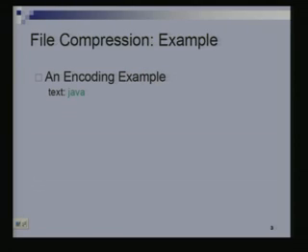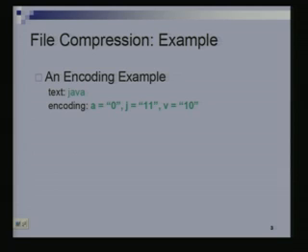Let us say my piece of text is just 4 characters, Java. Suppose my alphabet was just A, J and V. Suppose this was my entire alphabet. The only things that I ever encoded were strings on this alphabet.